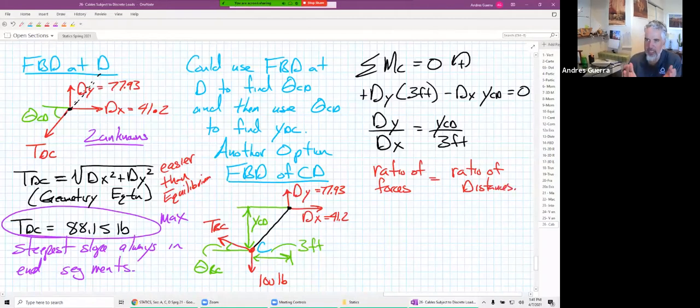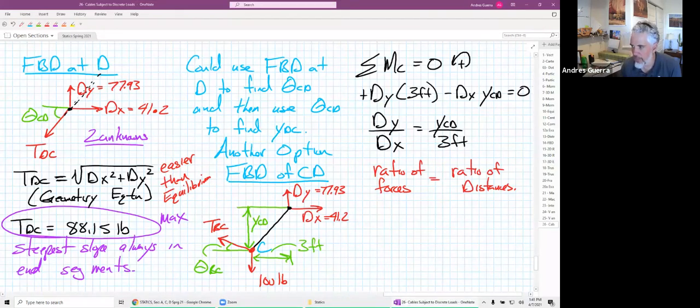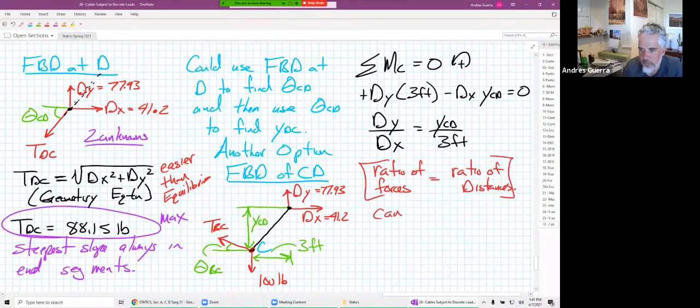So it's saying that the vertical force over the horizontal force is equal to the vertical distance over the horizontal distance. So this can always be applied at the supports.